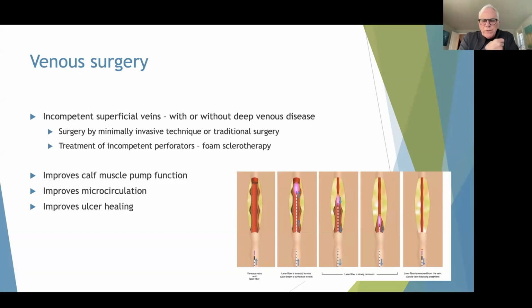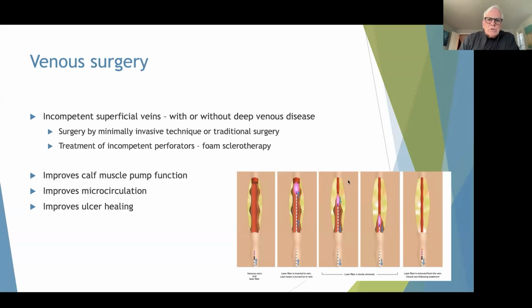However, when there is incompetence in the superficial veins, then there is good data now that whether you do or whether you don't have problems in the deep veins, you can still improve the calf muscle pump function by treating those incompetent superficial veins. Clearly, you improve it more if the deep veins are functioning better, but you still improve it significantly even if the deep veins have got reflux.